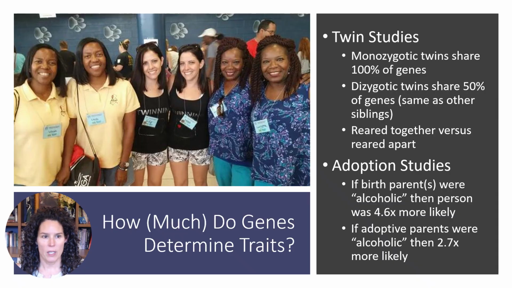Essentially, if your birth parents struggled with alcoholism, then you are on average 4.5 times more likely to develop alcoholism. But if your adoptive parents struggled, then you're 2.5 times more likely. So this tells us, again, they both matter, but genetics plays a somewhat more powerful role in the case of substance use.